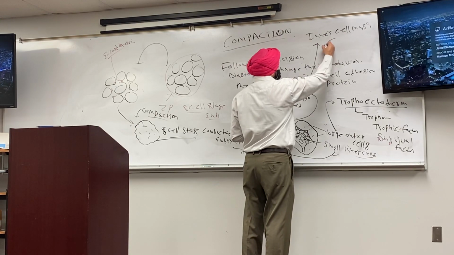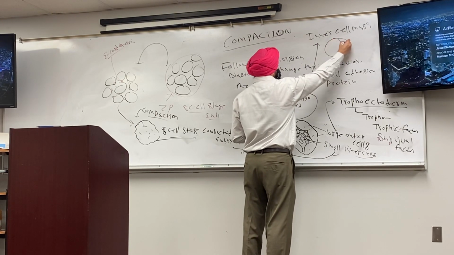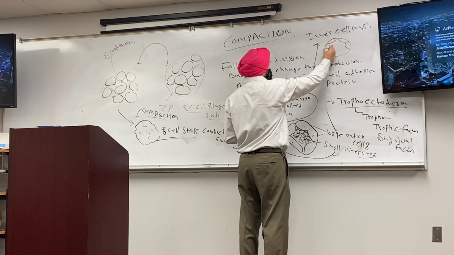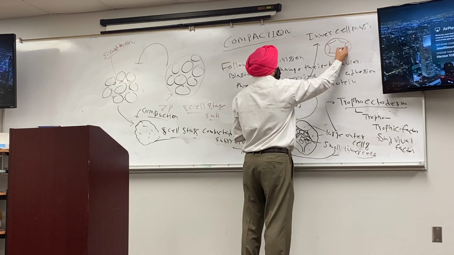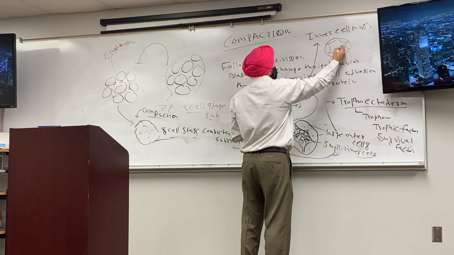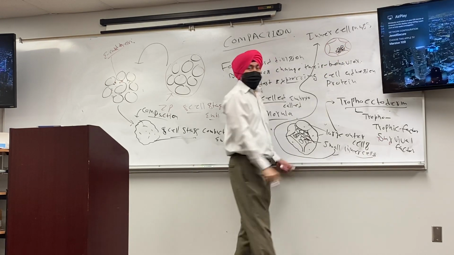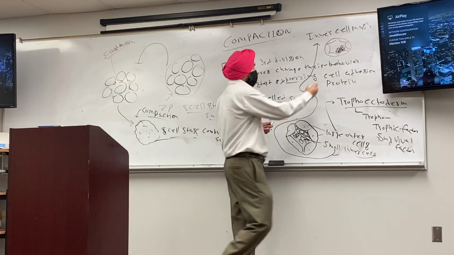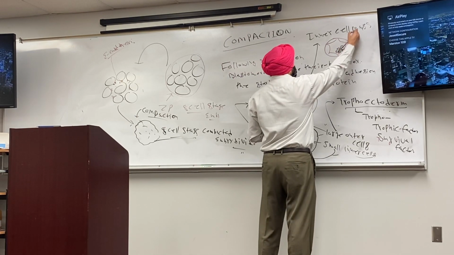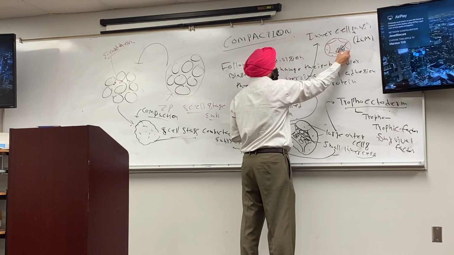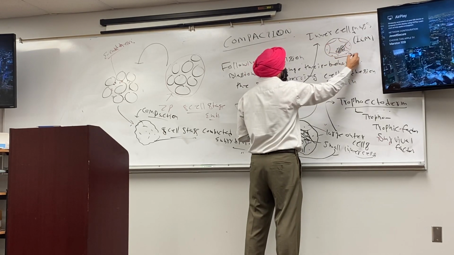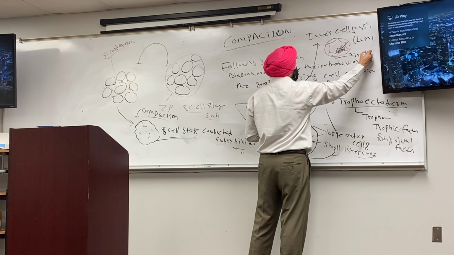Ultimately, these cells are going to arrange in a way that you will have the large cells like this, and in this you will have these small cells huddled together like this. And these cells will be called inner cell mass cells, also called ICM. And the outer cells will be your trophoectoderm.